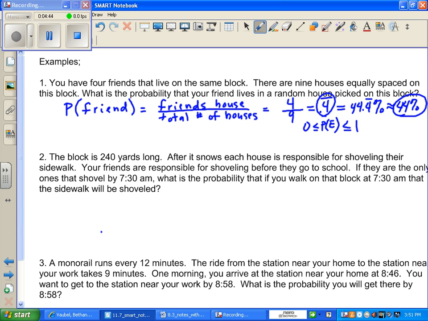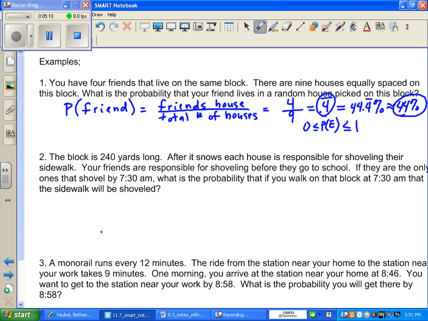Example number 2. The block is 240 yards long. After it snows, each house is responsible for shoveling their sidewalk. Your friends are responsible for shoveling before they go to school. If they are the only ones that shovel by 7:30 a.m., what is the probability that if you walk on that block at 7:30 a.m. the sidewalk will be shoveled?